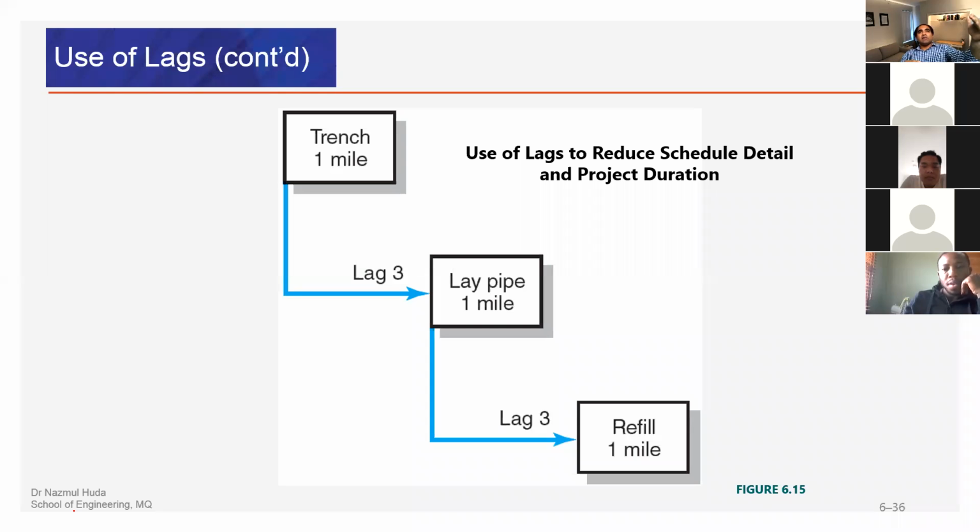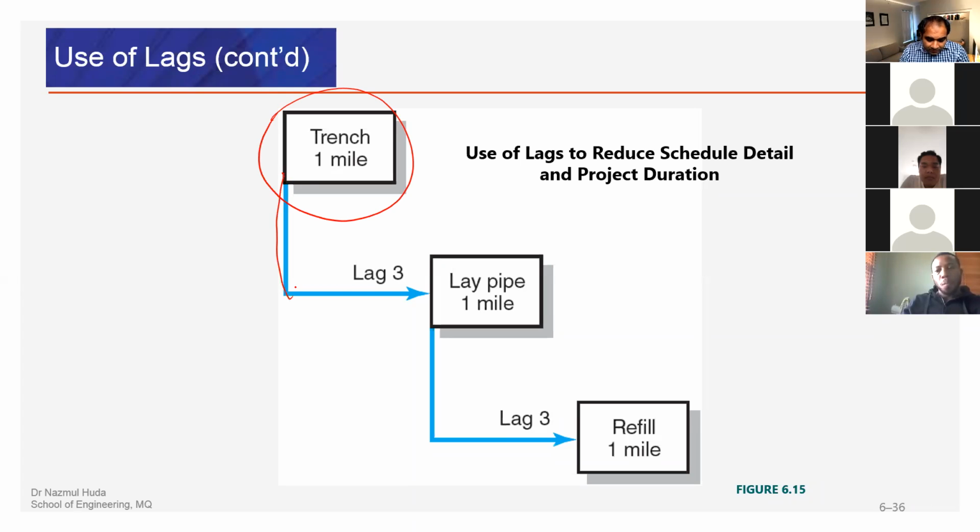In the conventional approach, what we usually do is we build the trench, then we lay pipe, then we fill it with dirt. But if we follow the lagging approach, that means we don't have to wait until the entire trench is done. So 1 mile is done.